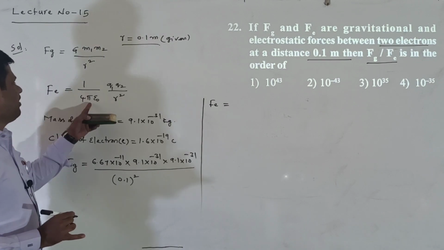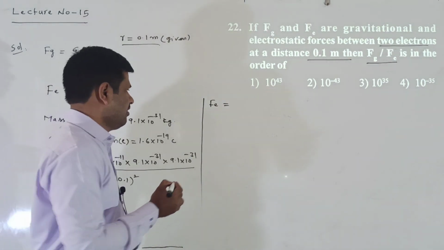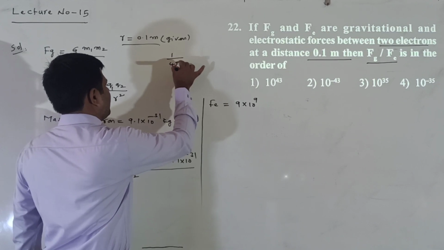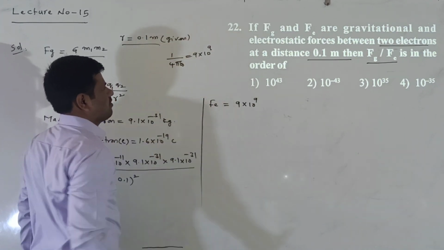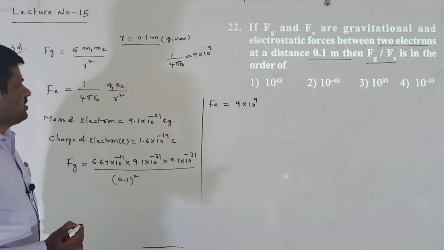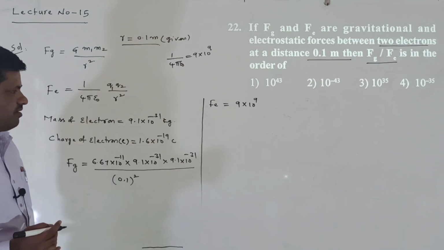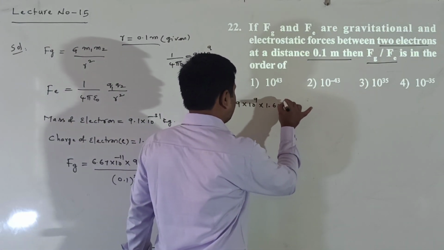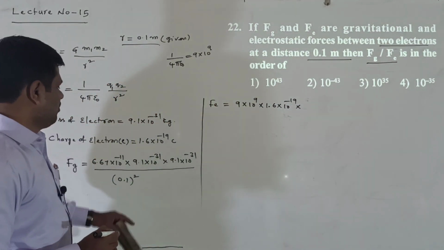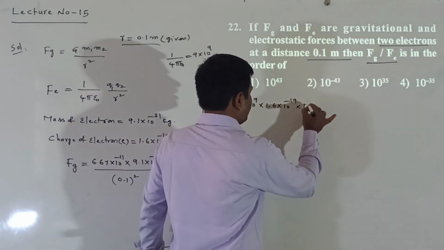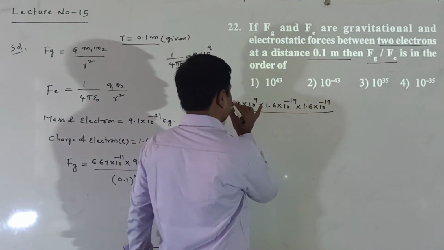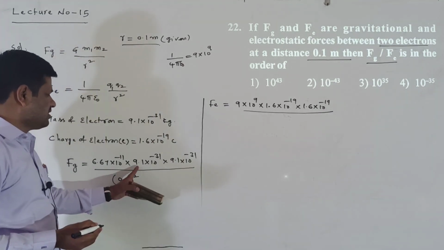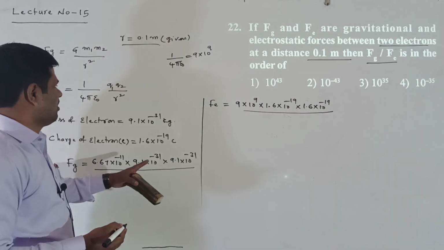Next, similarly I write Fe. In the Fe formula, we know 1 by 4 pi epsilon naught, whose value you should remember, it comes in second year, is 9 × 10^9. Q1 is 1.6 × 10^-19, and Q2 is also 1.6 × 10^-19, because both are electrons and have the same charge and the same mass, 9.1 × 10^-31.